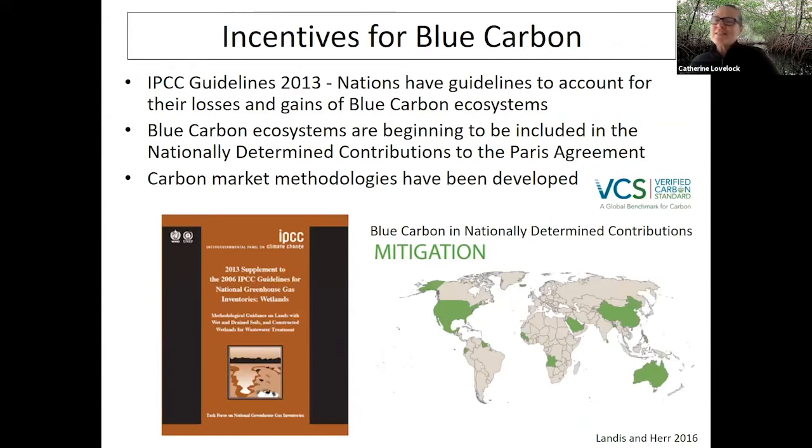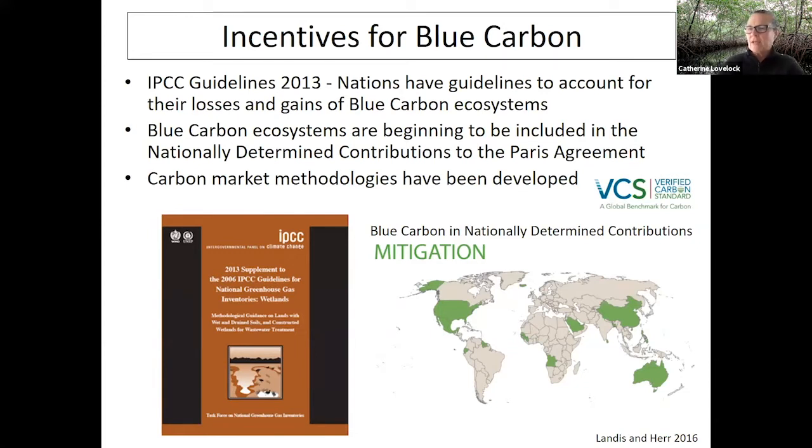Okay, so there are lots of incentives for blue carbon. There's a growing list of incentives for doing blue carbon projects, whether for conservation or restoration. And one of the first ones was the IPCC guidelines that came out in 2013, 2014.